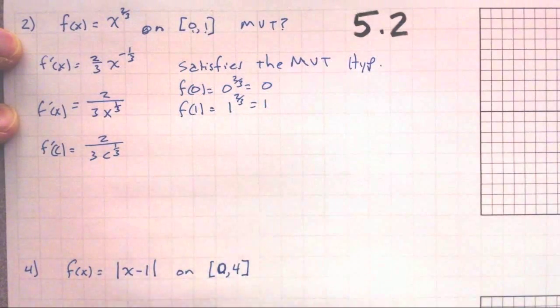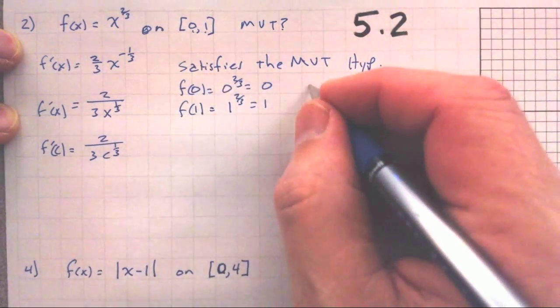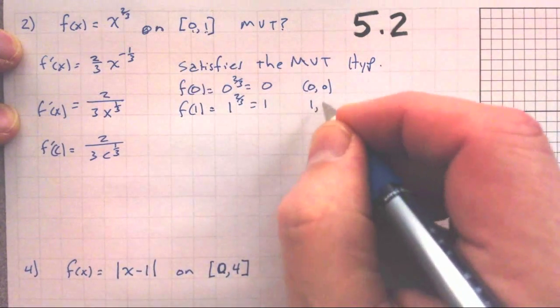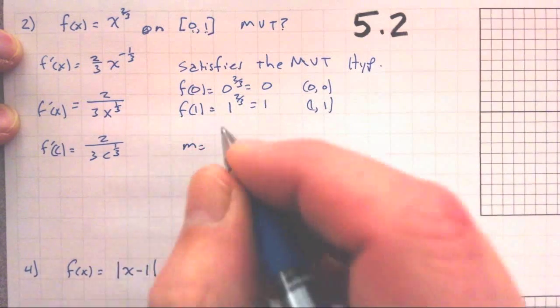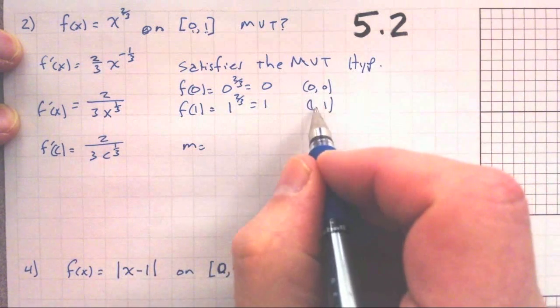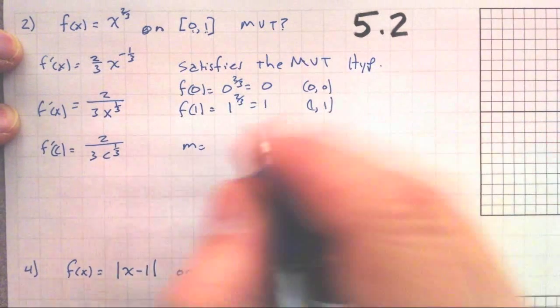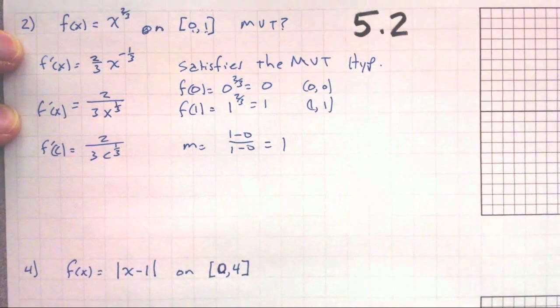That is clearly 1, and now I need to find the slope from the point 0, 0 to the point 1, 1. So that slope is very easily y value minus y value. That would be 1 minus 0 over 1 minus 0, or 1.